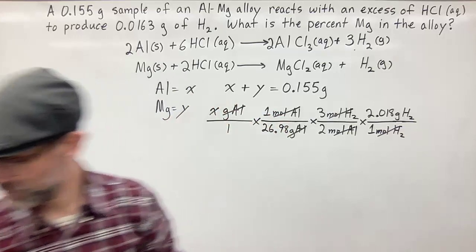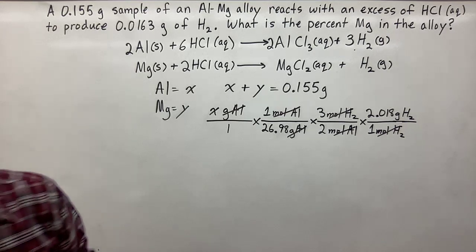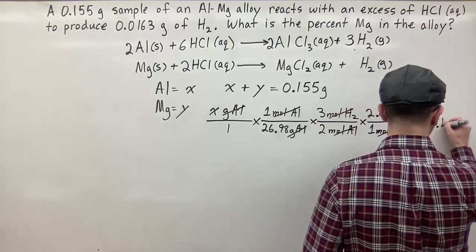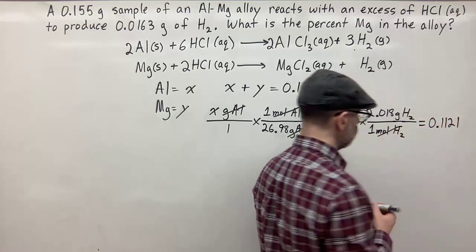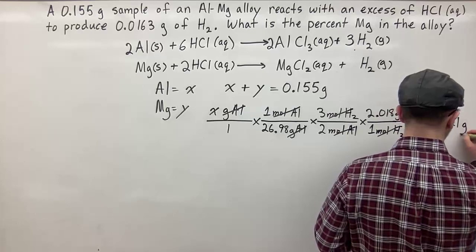When I do that, I get 0.11207, so 0.1121. We'll round it to 21. So 0.1121, and this is grams.